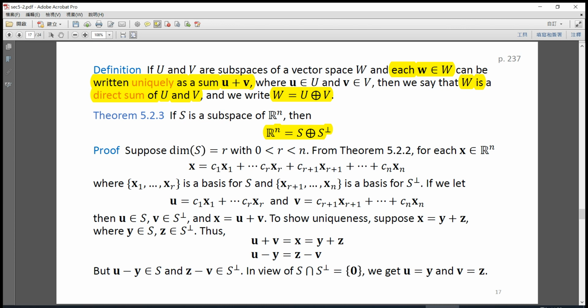Suppose S is the x-axis in R3, then S perp is the YZ plane in R3. Clearly, R3 is the direct sum of the x-axis and the YZ plane.